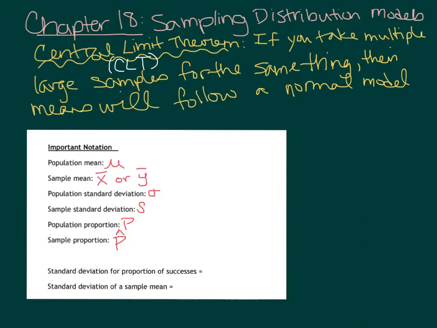And we have two formulas that we're going to use in the examples that we have for this chapter. So the standard deviation for the proportion of successes is going to be equal to the square root of pq over n. So just a few things I'm going to write off on the side. p, remember, is our proportion. And oftentimes we'll call this our proportion of success.